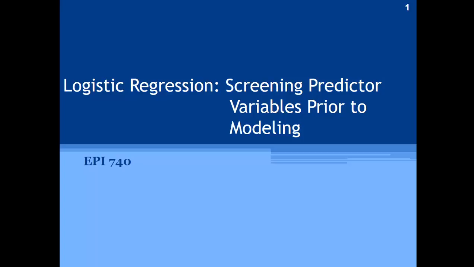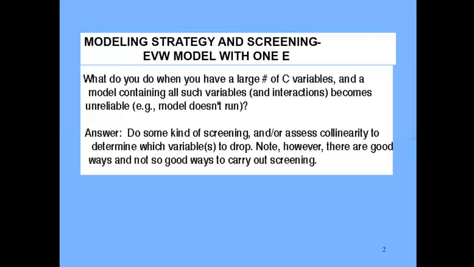We're not talking about that. This is about screening variables when you're doing modeling, when you're trying to do mathematical modeling. Screening variables in the process of modeling, and in our context at this point, we're doing logistic regression. So it's screening variables when you're doing logistic regression.